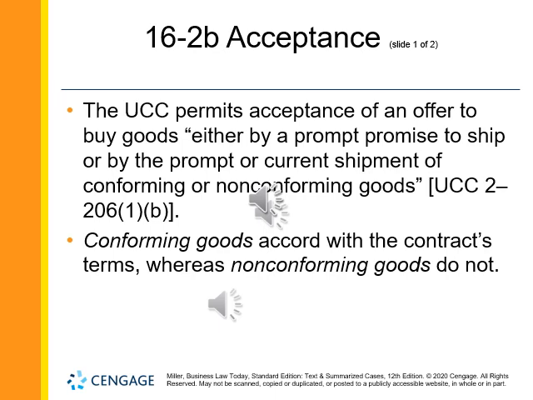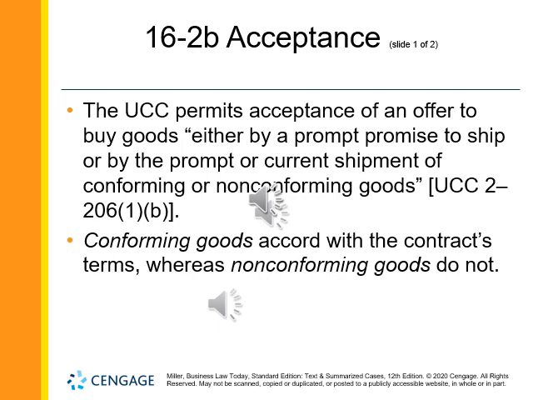Acceptance of an offer to buy, sell, or lease goods generally can be made in any reasonable manner and by any reasonable means. The UCC permits acceptance of an offer to buy goods, quote, either by a prompt promise to ship or by the prompt or current shipment of conforming or non-conforming goods, close quote.